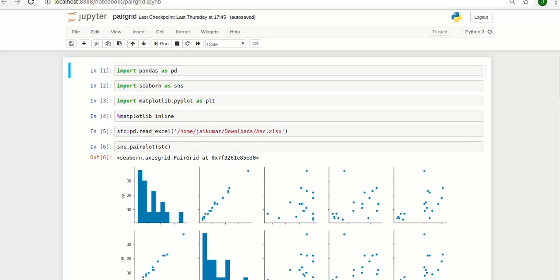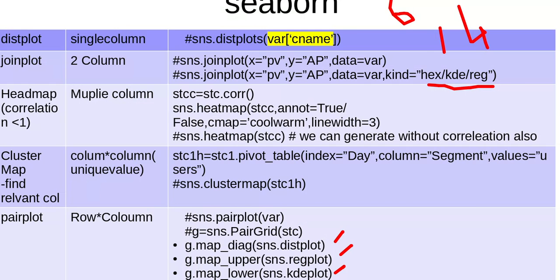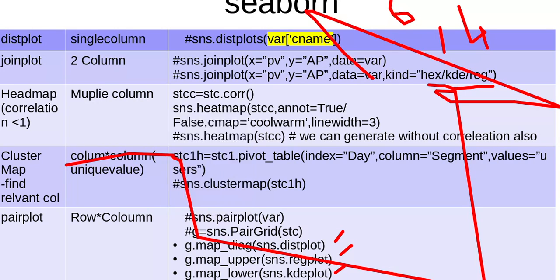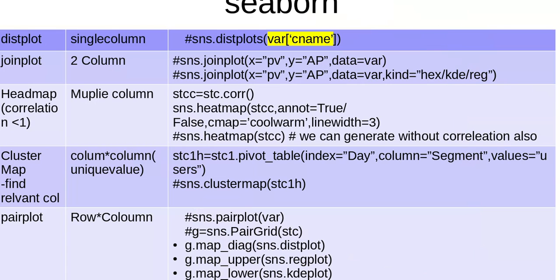Just see, it's nothing. We are just taking the Excel values and plotting them into different plots: KDE plot, regional plot and distribution plot. That's it. The next one is a pair grid.